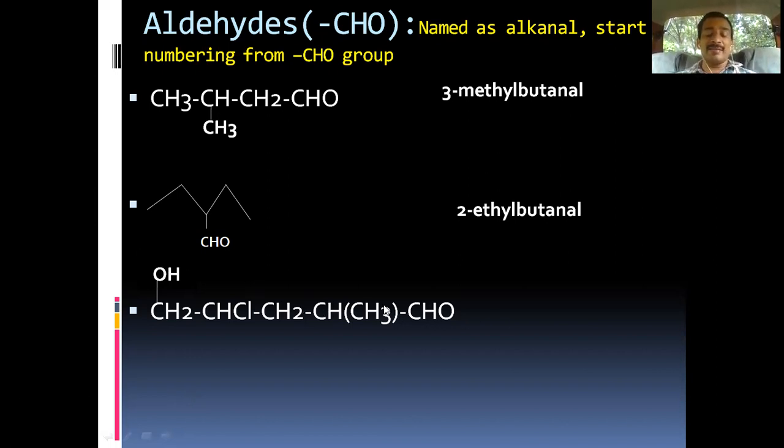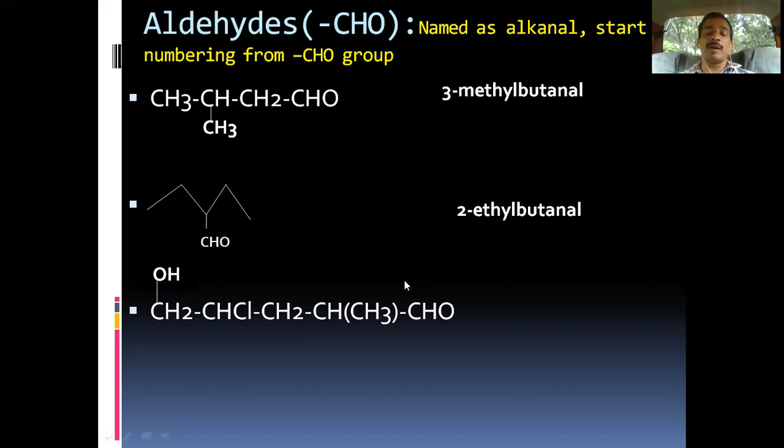In this case, not 2, 3 functional groups are present. There is a Cl also. In this, we have to select the principal functional group out of Cl, OH, and CHO, which will get the most preference. CHO will get preference over OH and Cl. So you have to give preference to CHO.